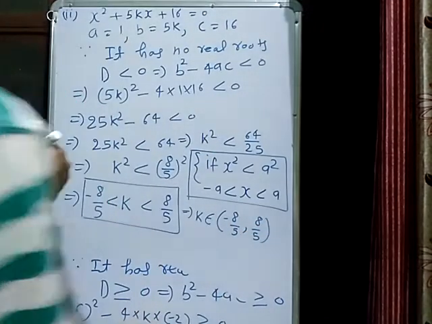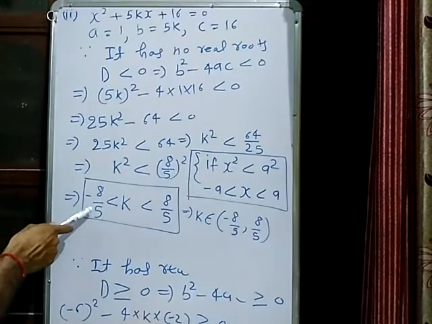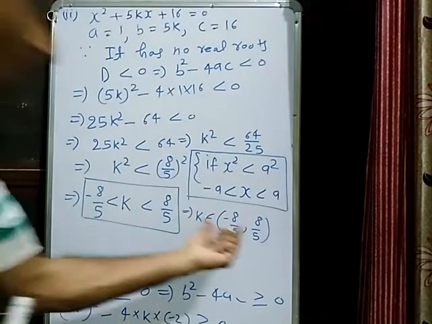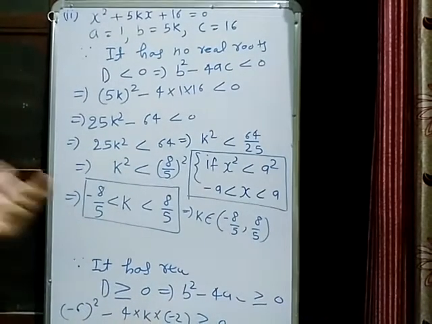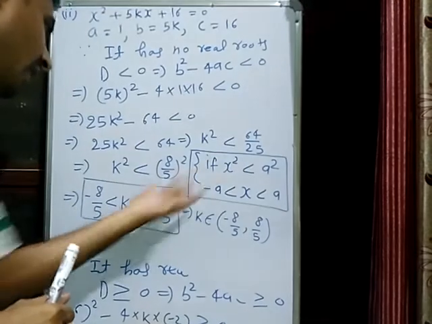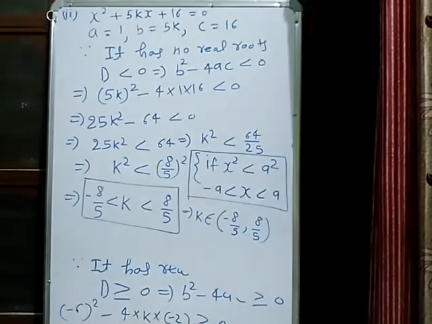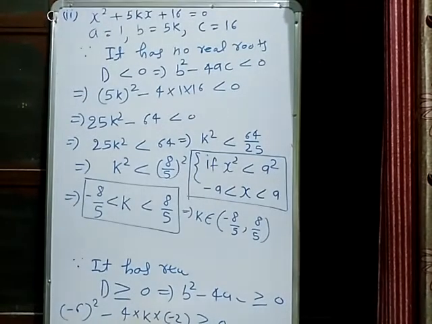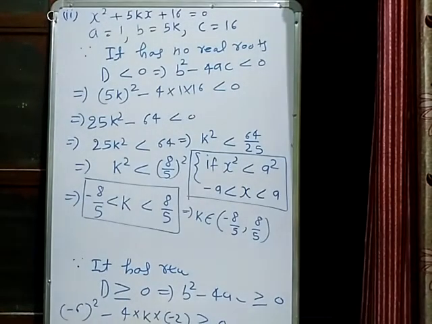This means all the real numbers between minus 8 upon 5 to plus 8 upon 5 in open interval. That's why I am telling you open interval. So either this or you need to learn that property. According to that, this is the correct answer of this question. So what may be the possible value of k? k lies between minus 8 upon 5 to plus 8 upon 5.